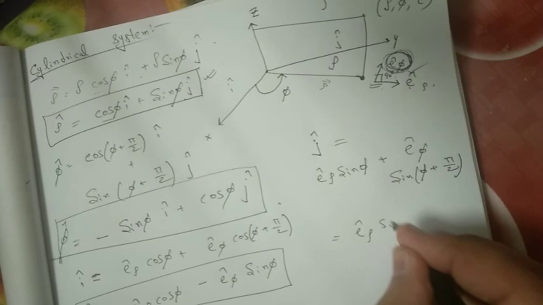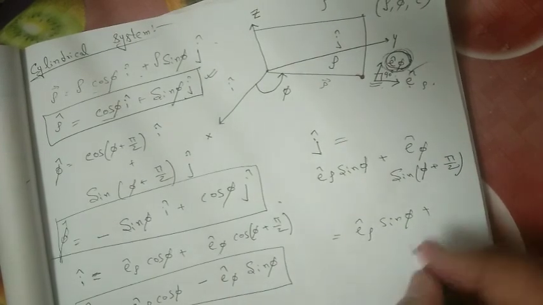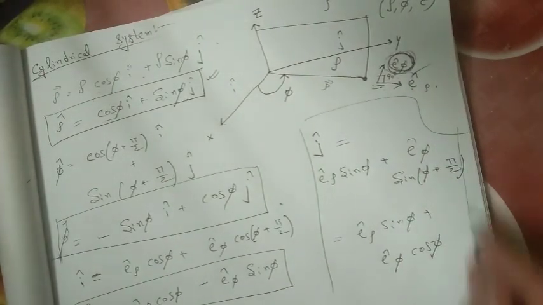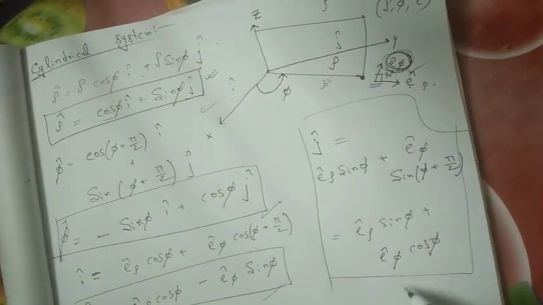So the final result is this. There are four relations: one, two, three, four.